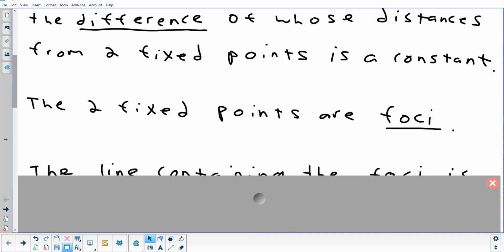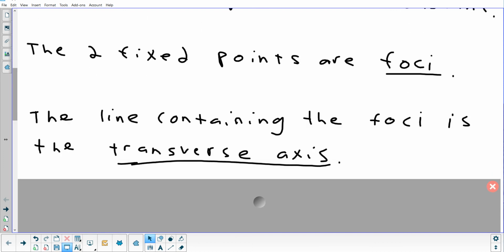Now, what did we call the line yesterday that went through the foci? The major axis. Well, with a hyperbola, they call it the transverse axis.